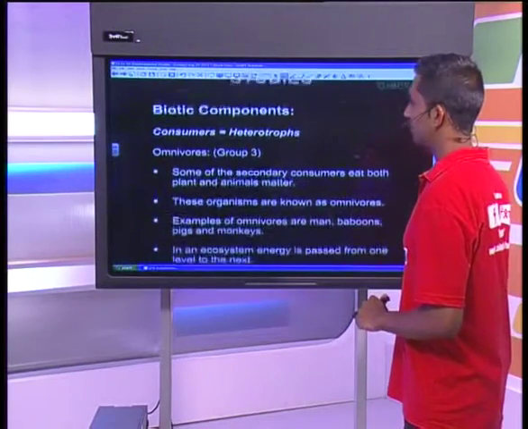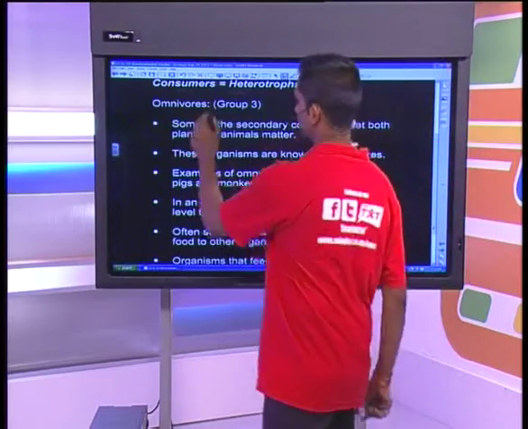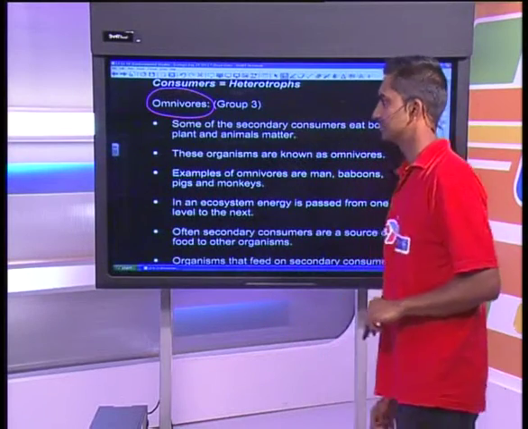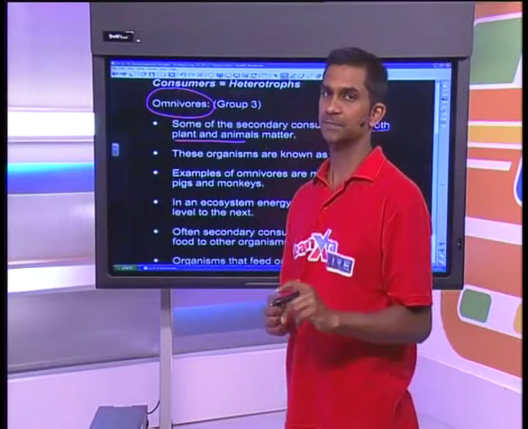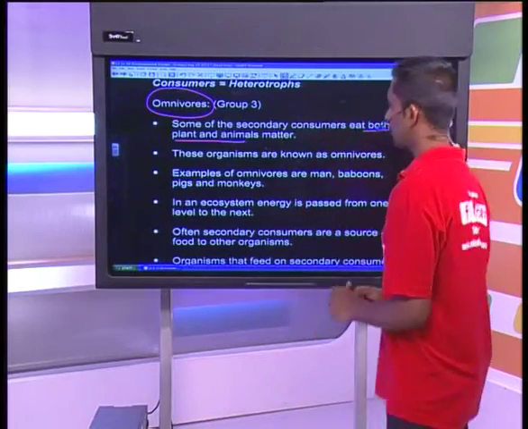The third group of our consumers or heterotrophs are the omnivores. And we all probably have referred to this term at some stage. Some of the secondary consumers eat both plant and animal matter, and hence we refer to an organism that consumes both plant material and animal material or meat as an omnivore.